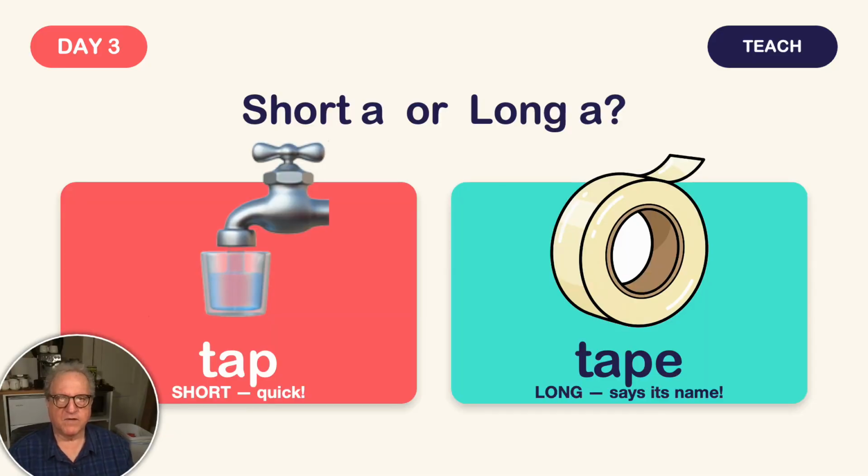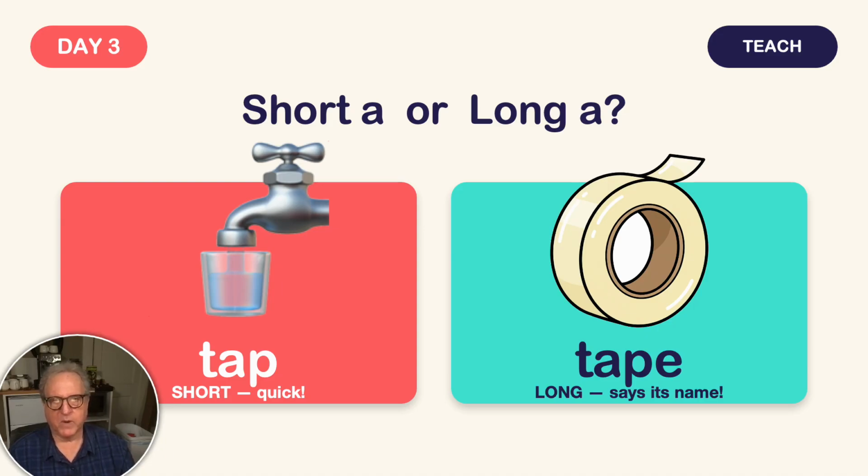On the left, it's a tap. A tap is a faucet. It's where water comes from. But it's also a tap. If I tap something, I tap it. So it's t-a-p.